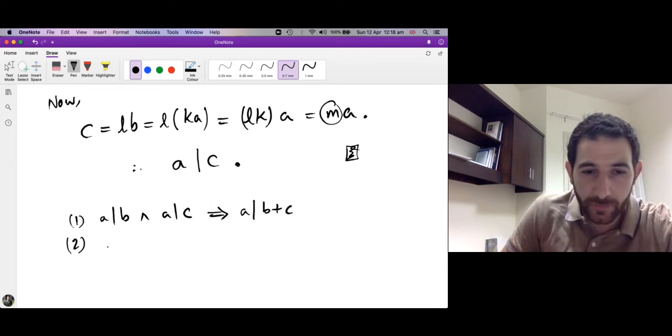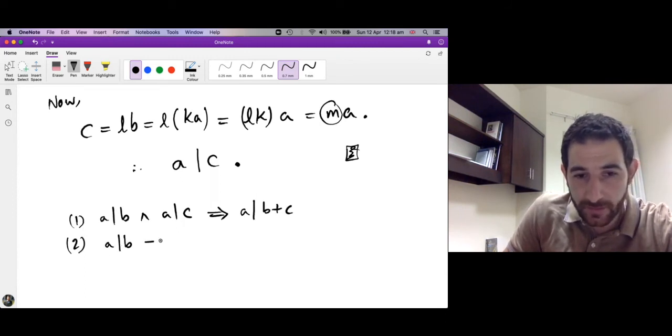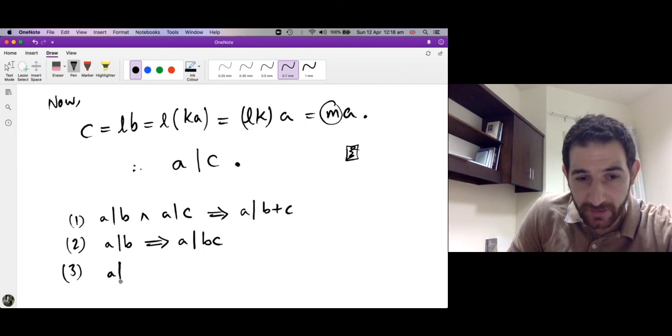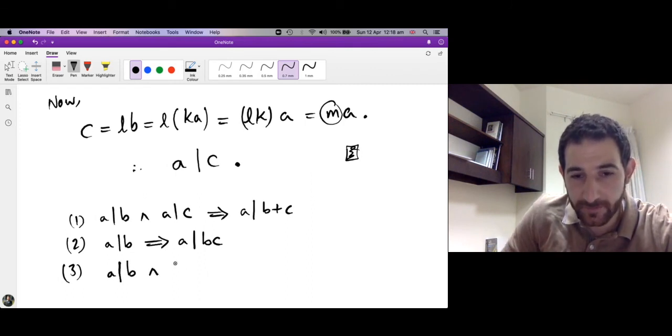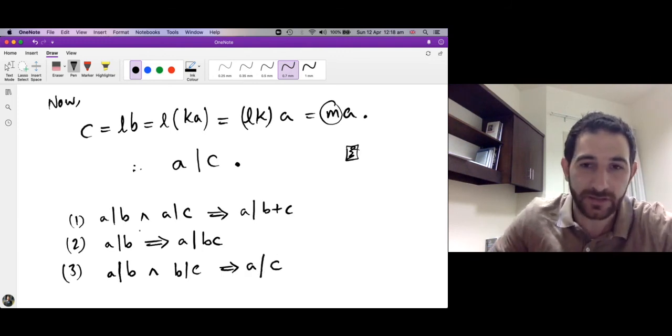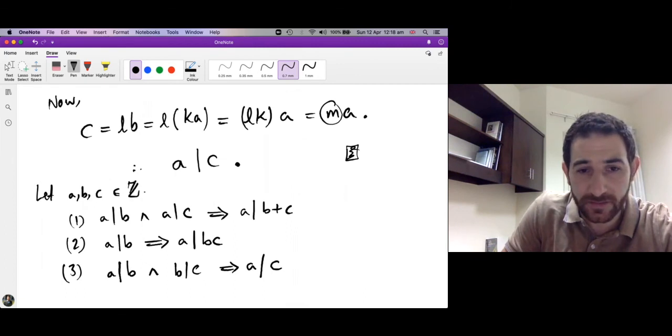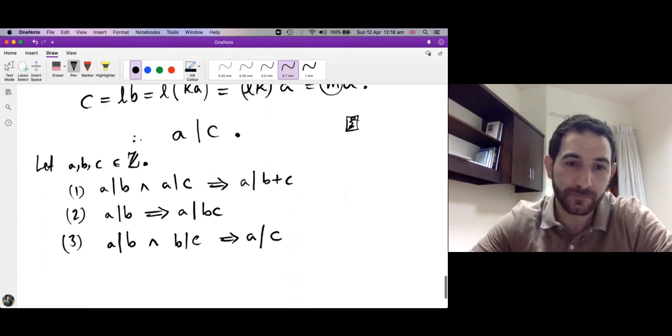Second, we proved that if A divides B, then A divides any multiple of B. And third, we proved that if A divides B and B divides C, then A divides C, where A, B, C are integers. Remember, let A, B, C be elements in the integers. Then these three properties are true.